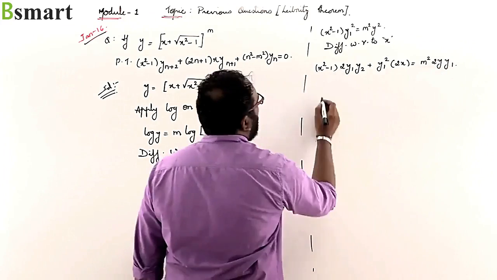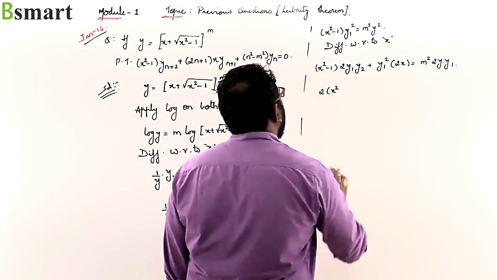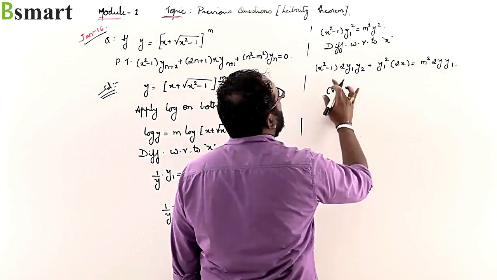Or can I write this one as 2 into x square, and again, can I take 2y common from the whole?